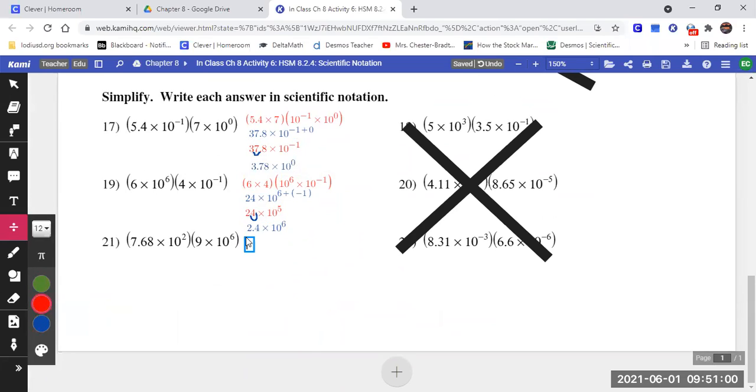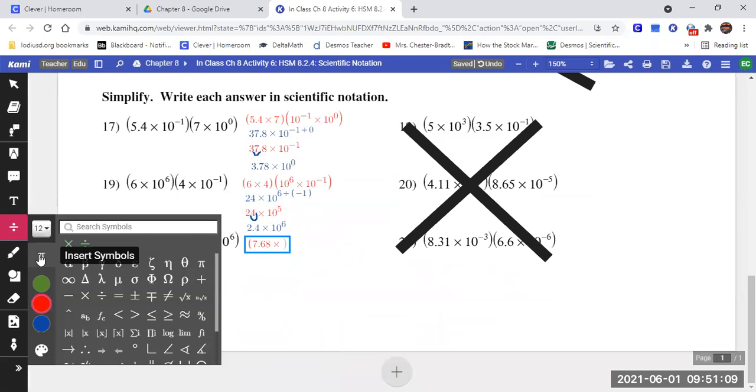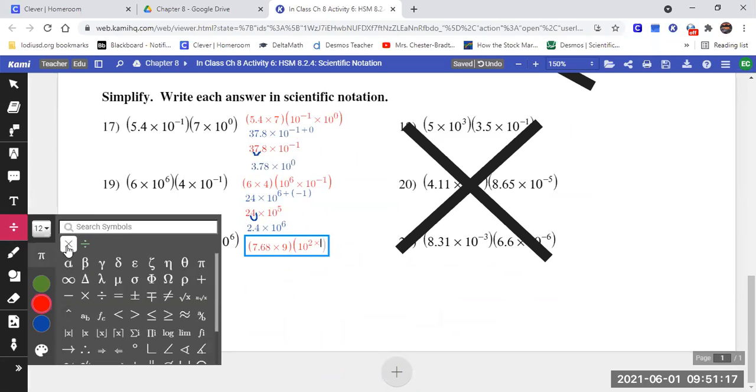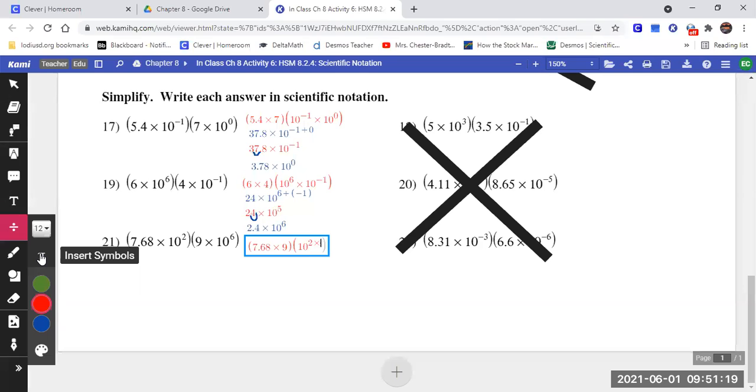All right, there we go. Rearrange numbers with numbers, tens with tens. 7.68 times 9 times 10 to the second times, oops, didn't get off the exponent.